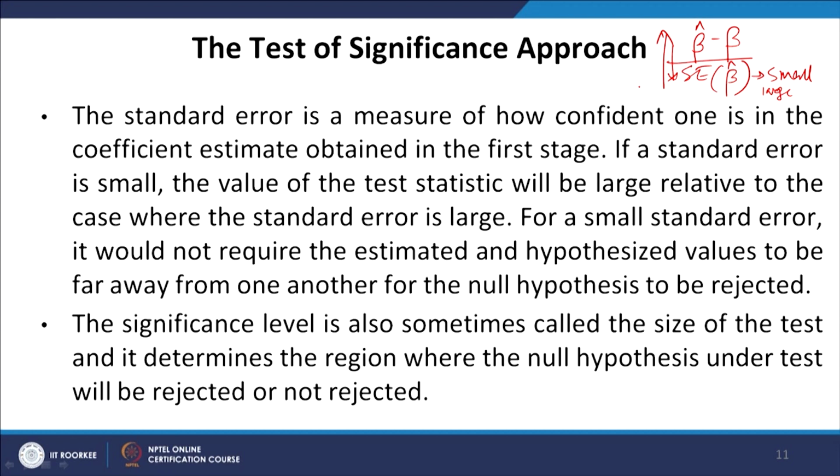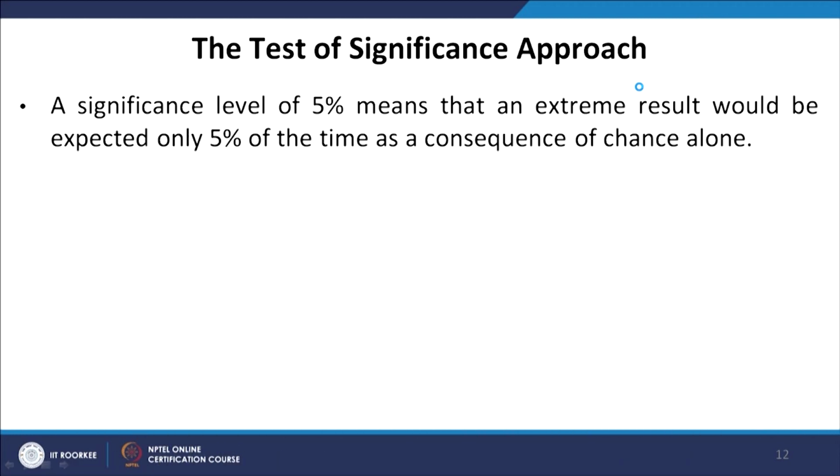The significance level is also sometimes called the size of the test, and it determines the region where the null hypothesis under test will be rejected or not rejected. A significance level of 5% means that an extreme result would be expected only 5% of the time as a consequence of chance alone.